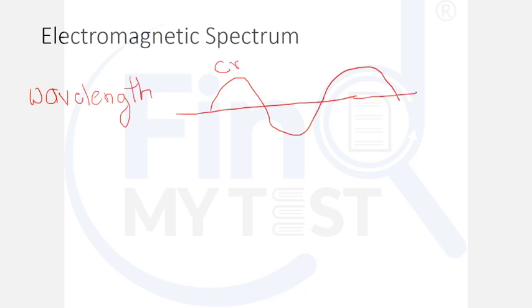This is the crest of the wave. This is the trough. And wavelength is this distance, that is one oscillation. It can also be this distance, the same distance. That is the wavelength of the wave.